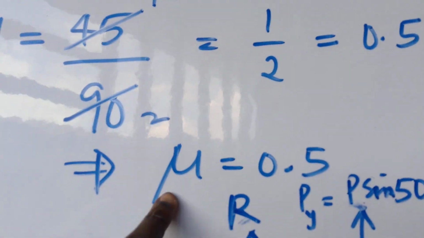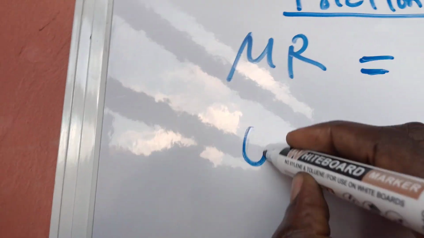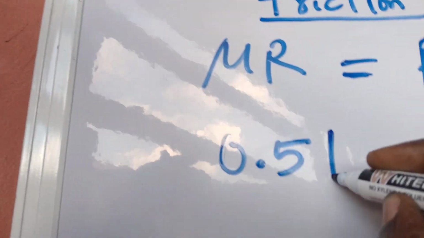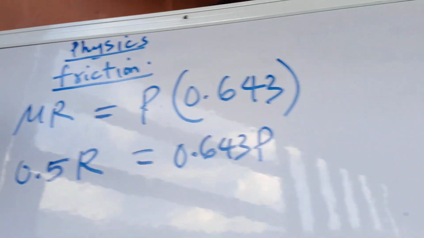Remember, the coefficient of friction is 0.5. So this is 0.5 R.